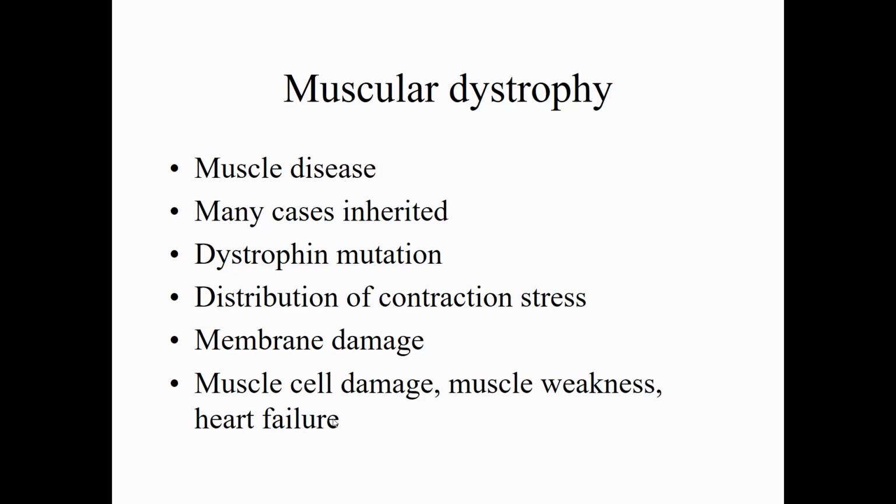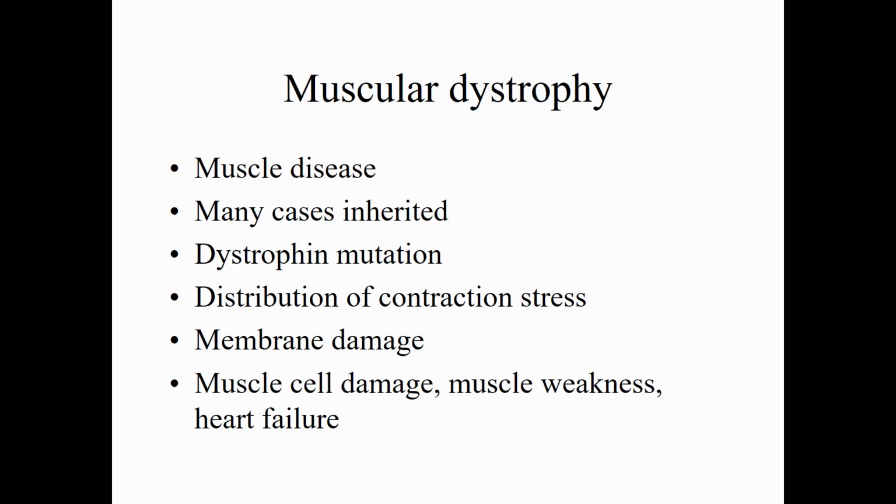So many of the cases of muscular dystrophy are inherited. You may be aware of a type of muscular dystrophy called Duchenne muscular dystrophy. It's an X-linked disease, and what that means is there is a mutated protein on the X chromosome.